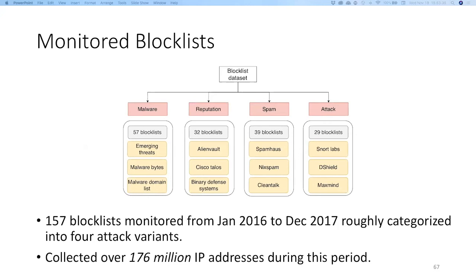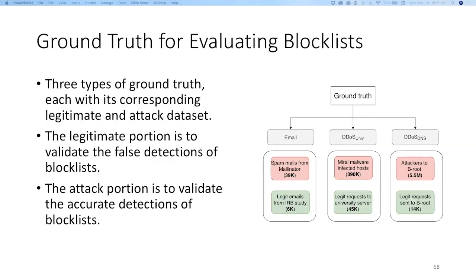Reputation block lists have IP addresses that are known to have poor reputation, and spam and attack block lists pretty much send spam or a DDoS attack from those particular IP addresses. During this period, we observed about 176 million IP addresses that were listed across 157 blacklists.